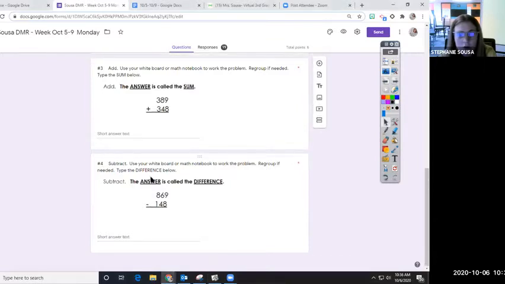Last one, a few more of us got this one wrong because we're still practicing regrouping. So when we see it says subtract, use your whiteboard or math notebook to work the problem. Regroup if needed, type the difference below. Again, that means we only want the number answer. 869, subtract 148. 9 subtract 8 is 1. 6 tens, subtract 4 tens is 2 tens.